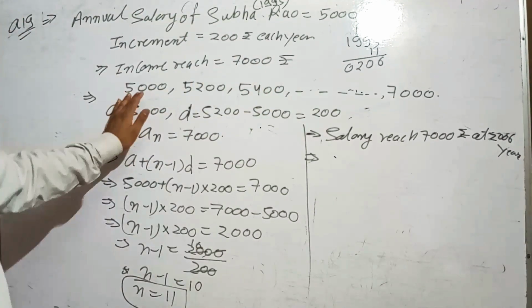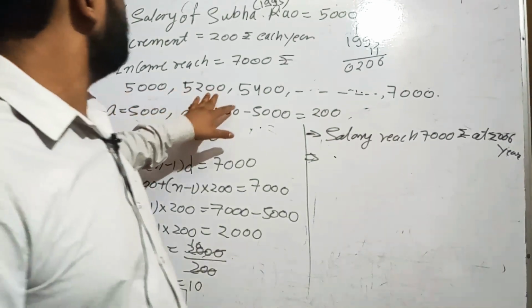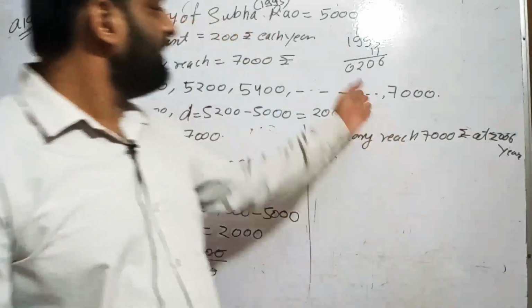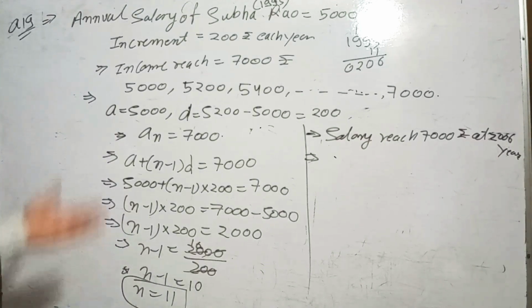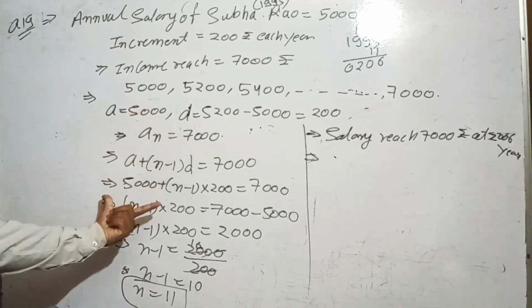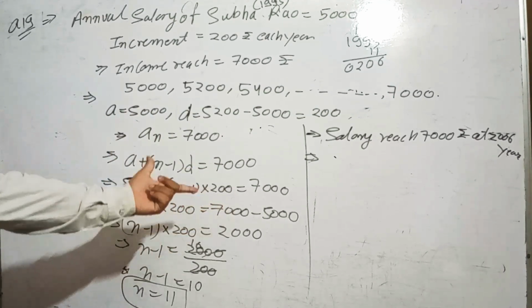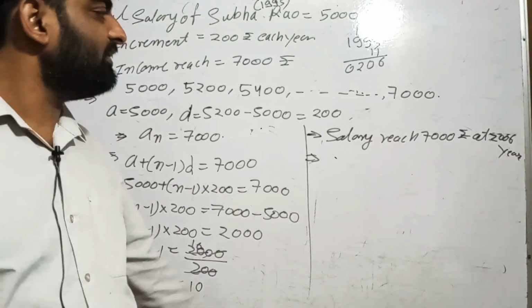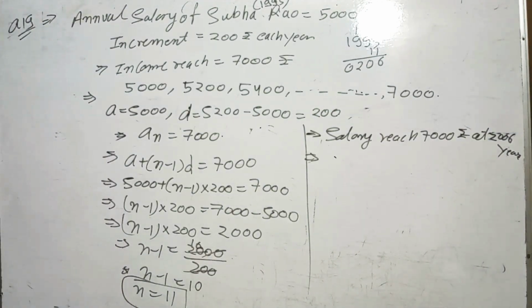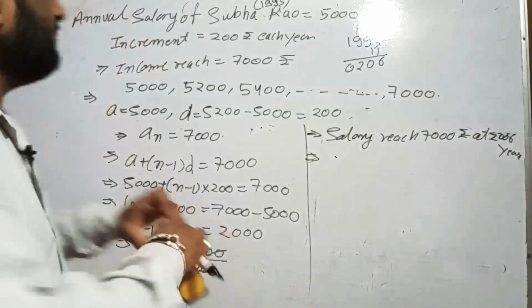Forming the AP, it is 5,000, 5,200, 5,400 and so on up to 7,000. Here a is 5,000 and d is 200, and we have to find the 11th term. So it means at 2006 the salary reached 7,000 rupees.